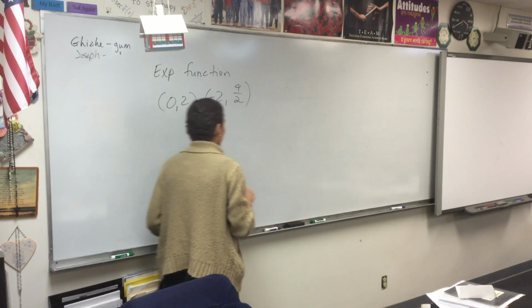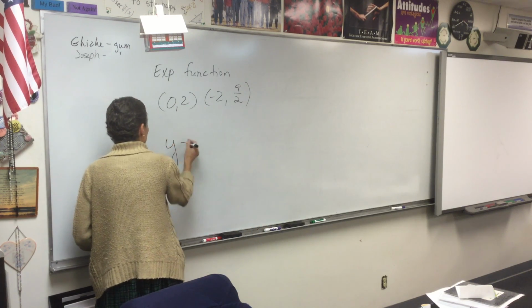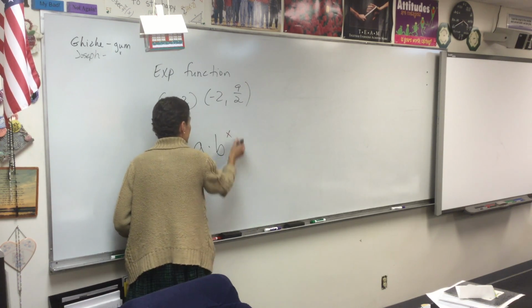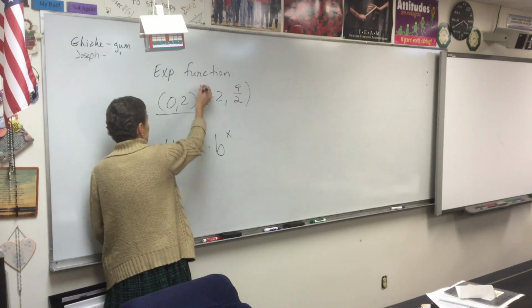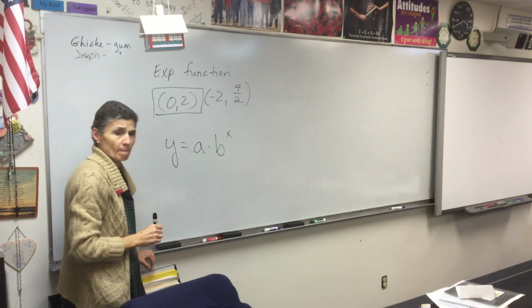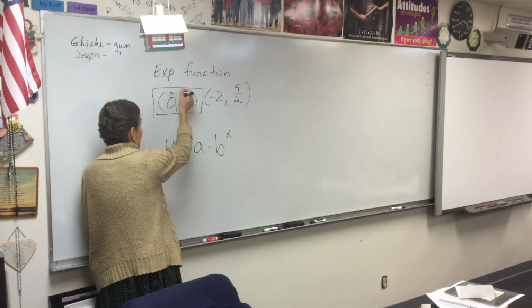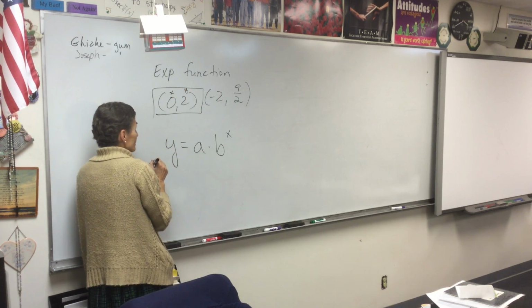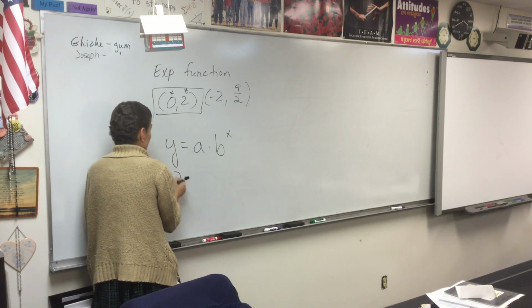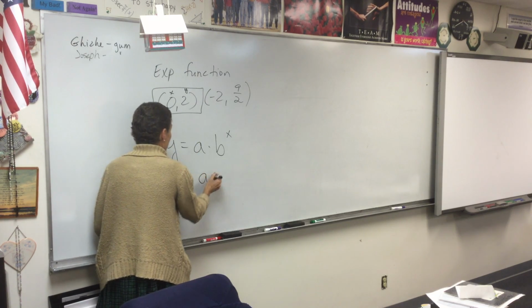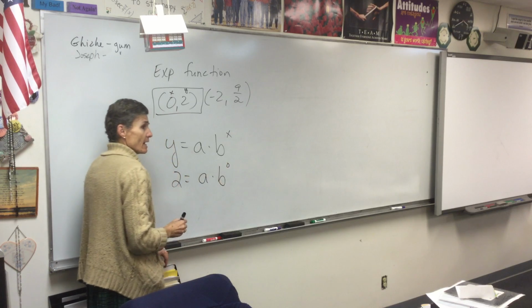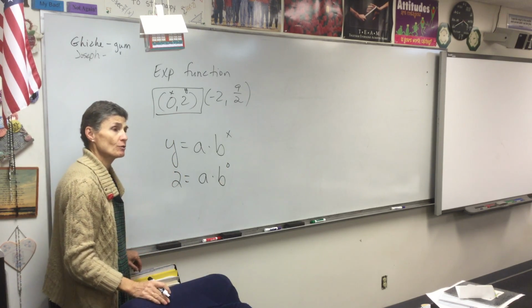I think you have a thought. This is our form that we're shooting for, right? This point right here is kind of special. Exactly. If you think about this as an x and a y, if you put in 2 for the y and 0 for the x, isn't that going to give you your initial value?